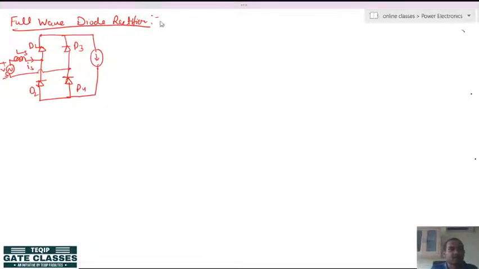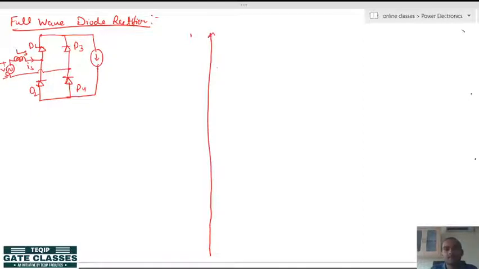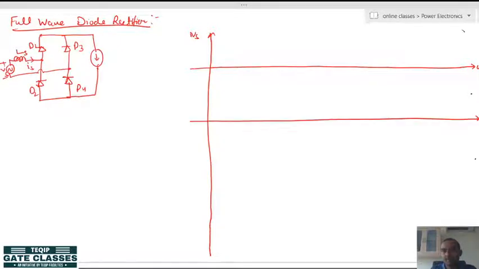So, now I start making the waveforms. Let us say this is the source voltage, this is the load voltage, this is the diode D1 current.